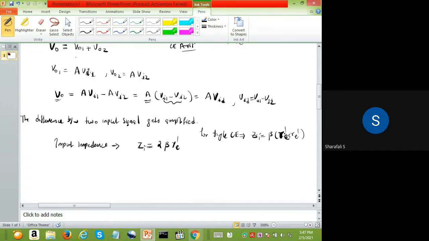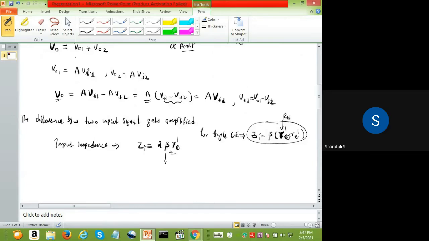So 2 times RE dash times beta will be the total input impedance. So this is from the conventional common emitter amplifier. There we have RE plus RE dash, not just RE dash. But in our case, RE is not there. Instead of that, we have the dynamic resistor of the second transistor. So total will become RE dash plus RE dash. Then it will become 2 RE dash times beta. That is the input impedance.